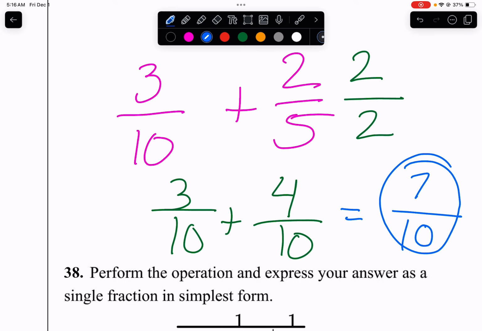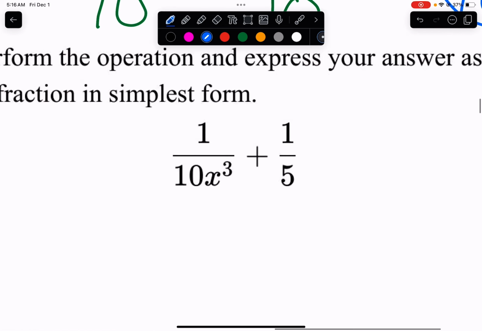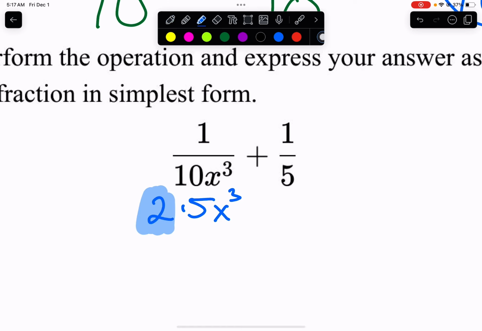All right. So that's what we're going to try and do here, but we're also going to add in x values, or I should say other factors, really. So here we still have our 10 and our 5, right? So we know that 10 can be broken down into 2 times 5, and then we have our x cubed. Now the second fraction just has a 5. So this second fraction is missing a 2, and it's missing an x cubed.